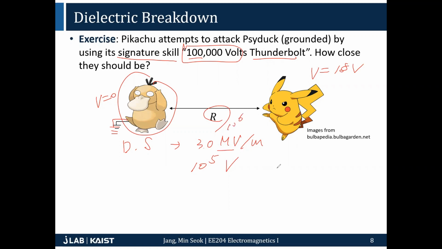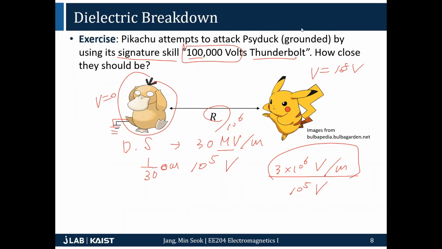So dielectric strength is 3 times 10 to the 6 volt per meter. Pikachu can do only 10 to the 5 volts. Then how close do they need to be in order to have this amount of electric field? Right. One over 30 meters, 3 centimeters, right?